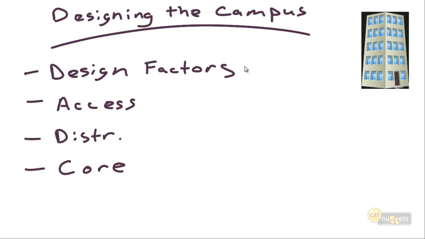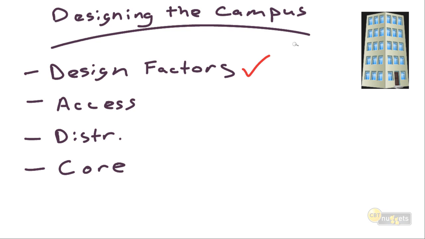So in this CBT nugget, we talked about some overall design factors that would be important when designing the enterprise campus. Factors that centered around the particular network application characteristics we have, particular infrastructure device characteristics, and also environmental characteristics like overall geography.